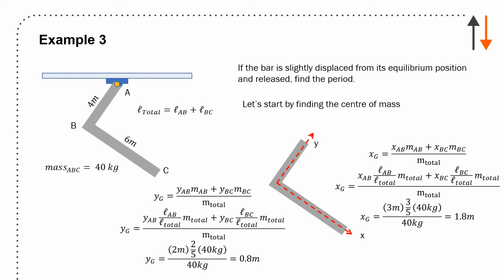Same thing with yg, and I get 0.8 meters. Now for the length BC, it is equal to y equals 0, and I can just substitute in the y term there.